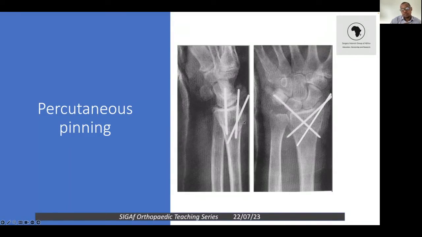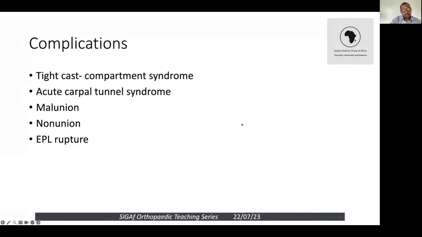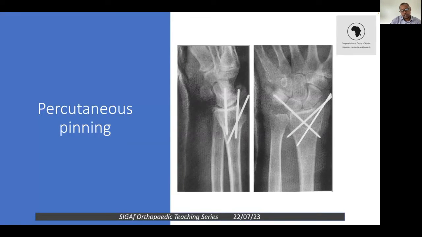So it's basically providing you external or extension blocking of the fracture. How you perform the Kapandji method of trying to reduce these fractures at times is you can go where the fracture is.